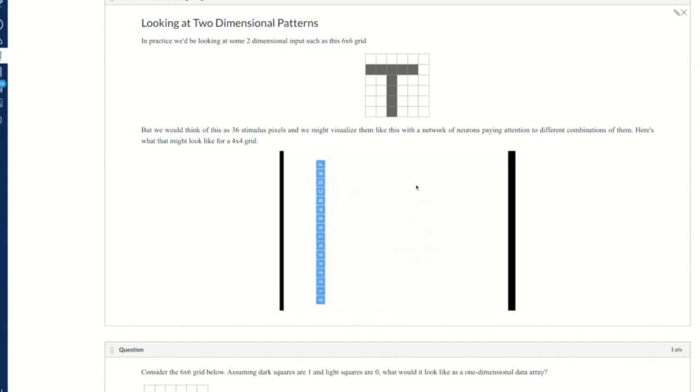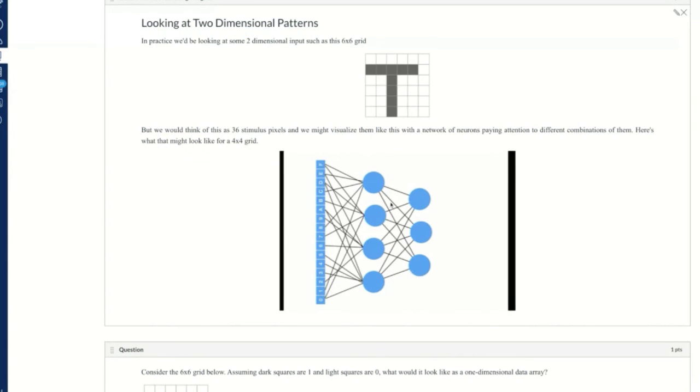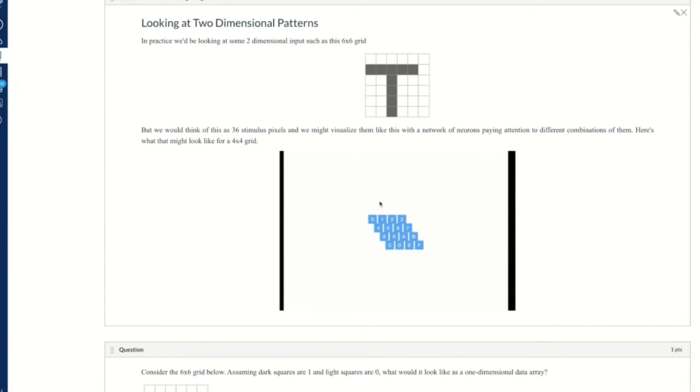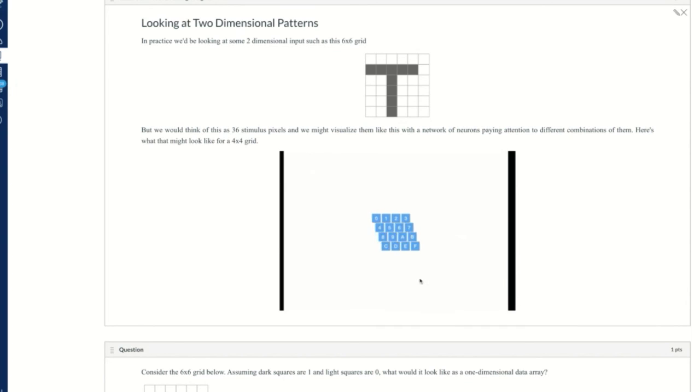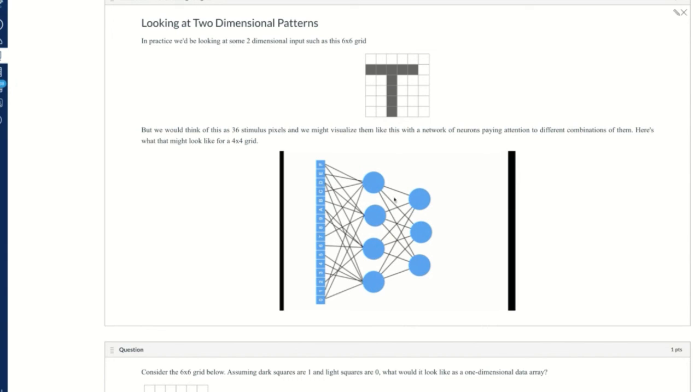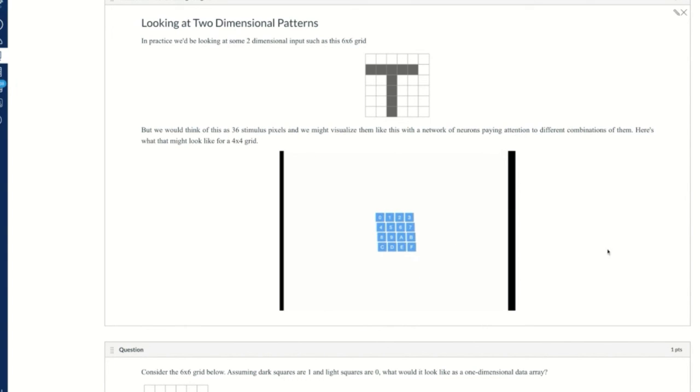And then there's another row of neurons behind that, and that second row of neurons is connected to some set of the first row of neurons. So when you take a network like this, if you have more than one layer, as we have here, that's why you call it a deep neural network. A deep neural network is one that has lots of layers.